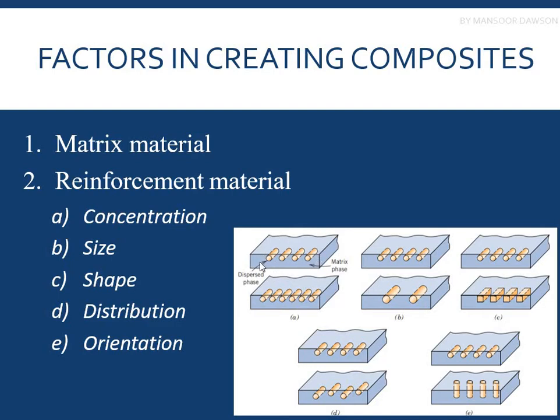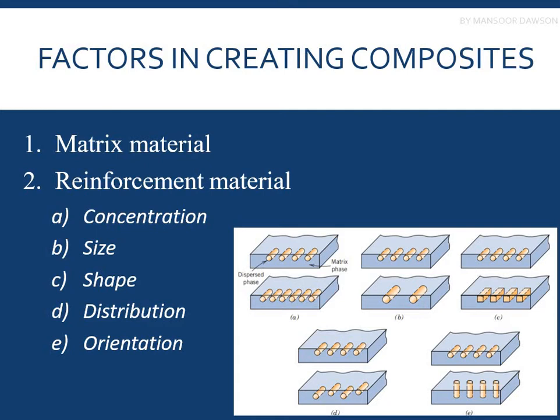The blue one is the matrix. In B, the size: they can be used in a large size, or in a smaller size. Then shape: they can be used in different shapes. For example, in part C, you can see the circular shape, the cylindrical shape, and here the cuboidal shape being used as the reinforcement material.